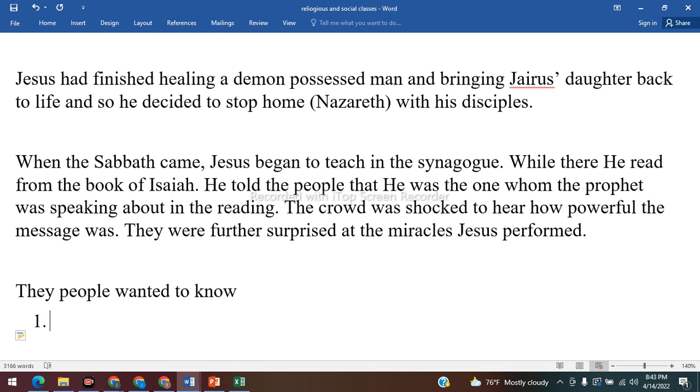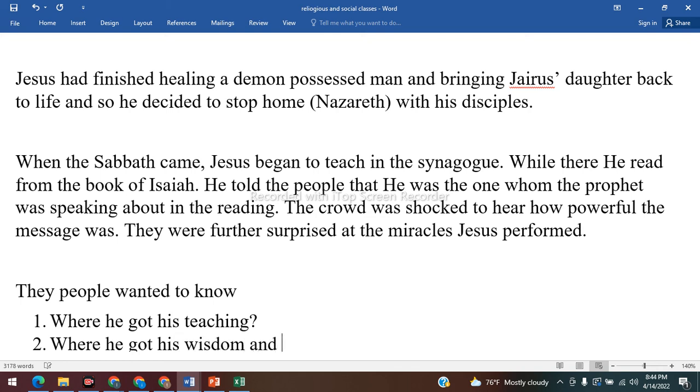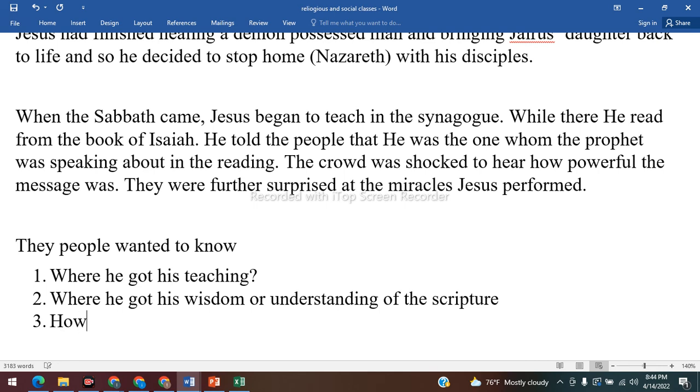Number one, where did he get his teaching from, where he got his wisdom or understanding of the scriptures, and how he was able to perform miracles.